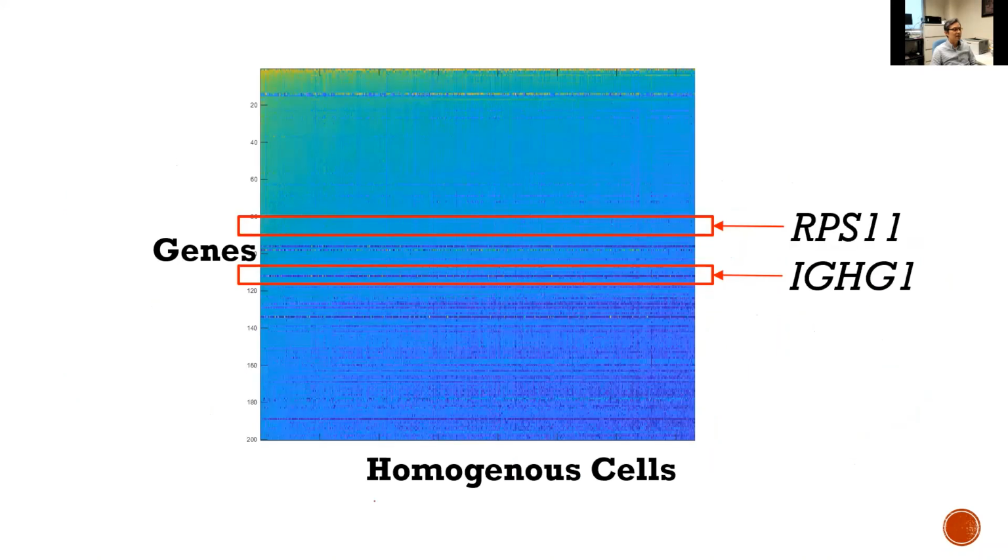Among this group of homogeneous cells, we compare their gene expression variability. For example, take these two genes: this one is a small unit of ribosome protein, and this is an immunoglobulin gene. Across the cells, you see these two genes have different expression patterns.